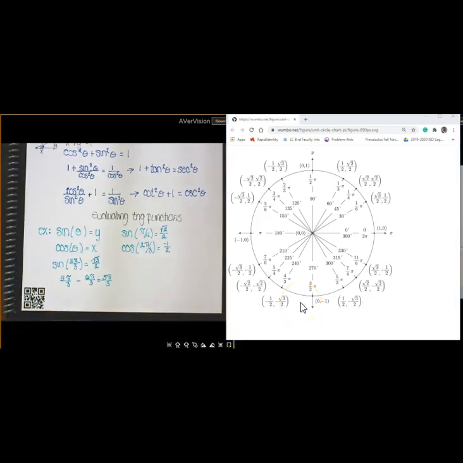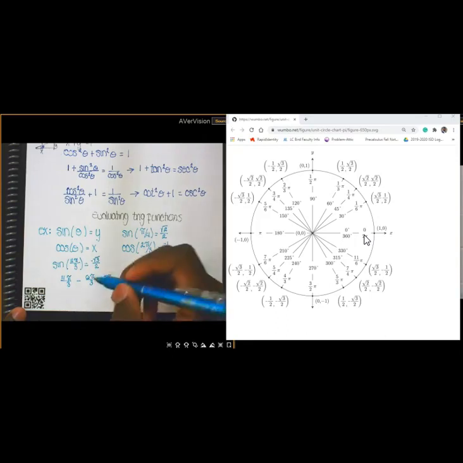To find the sine, cosine, or tangent of an angle, usually that angle has to be either from 0 to 360 degrees or from 0 to 2 pi. If the angle they're asking you to find is greater than 360 or 2 pi, we have to find the reference angle.